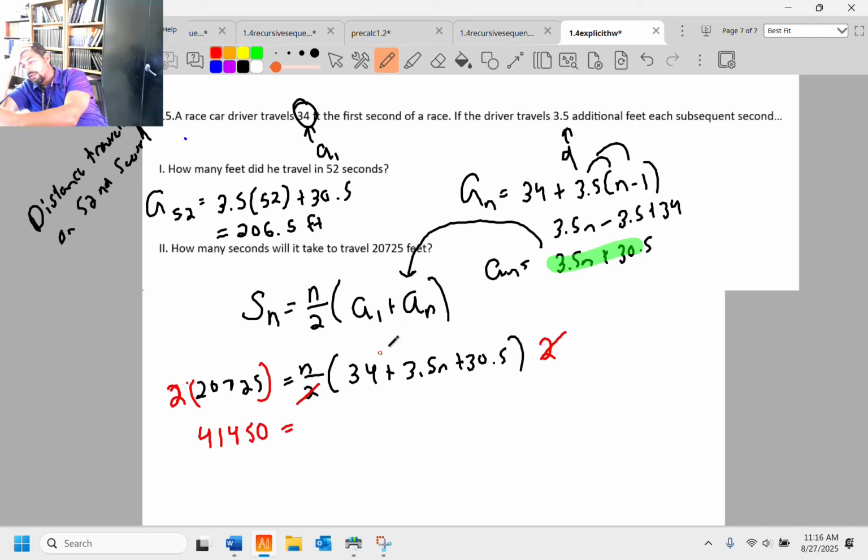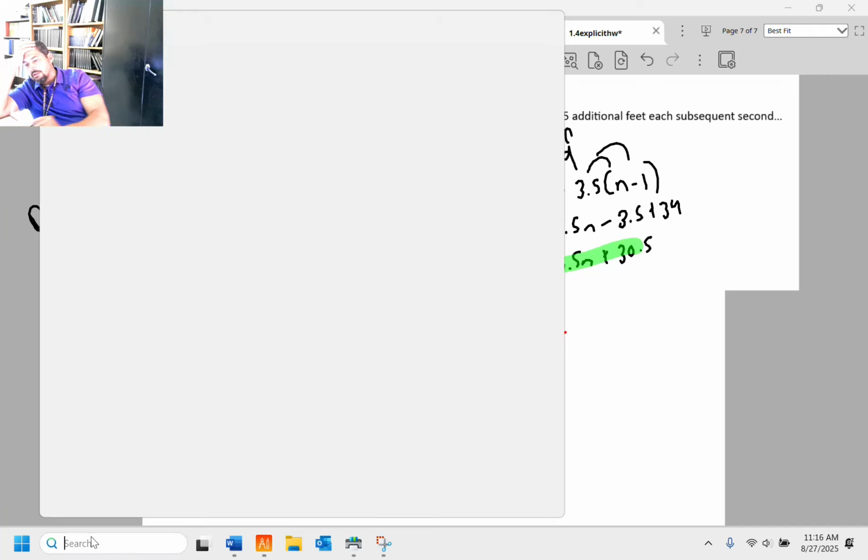On the right-hand side, we can put together these two numbers. We have 3.5n plus 64.5. We're going to do a little subtraction here. And at this point in time, I'm going to pull up a calculator because I'm just wasting everybody's time by doing it by hand.